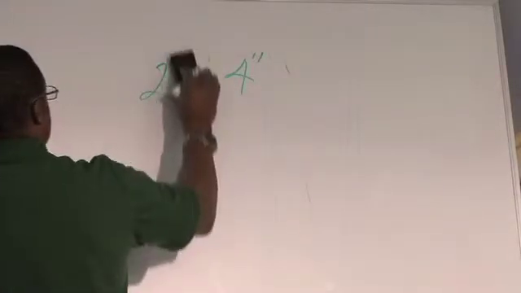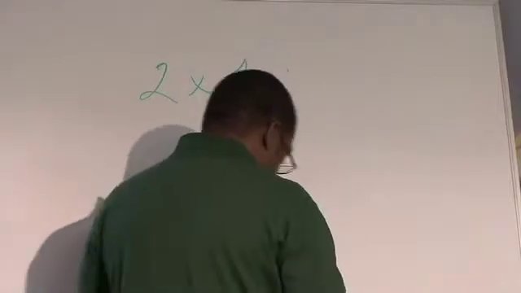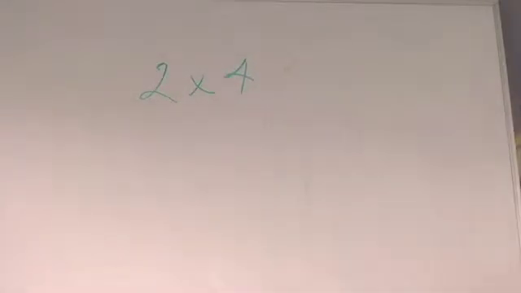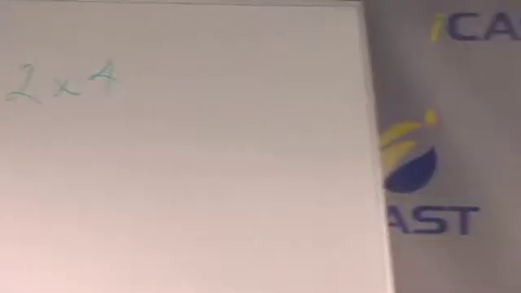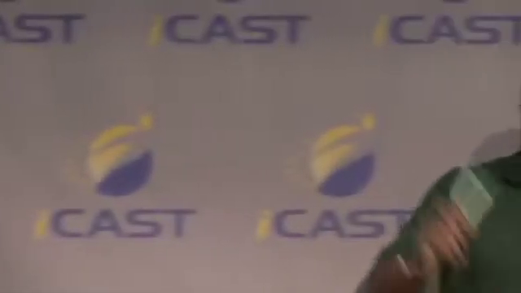Actually, that's not right. A 2x4. What size is a 2x4? Mark? 1.5 inches by 3.5 inches if it's dimensional lumber. If it's rough sawn lumber, what size is a 2x4? 2 inches by 4 inches.